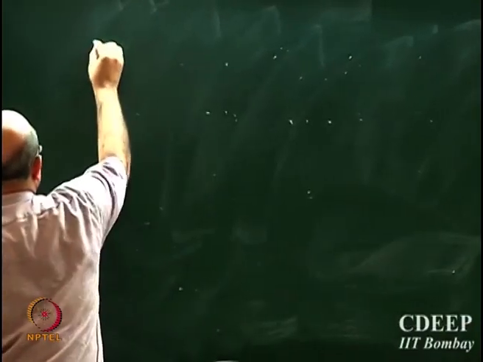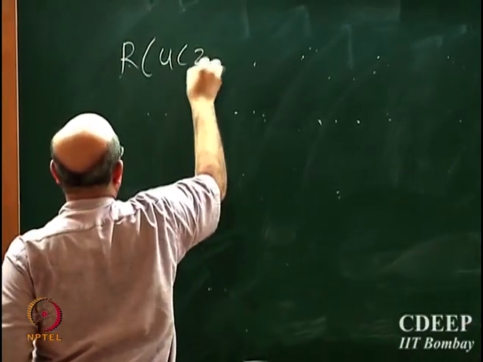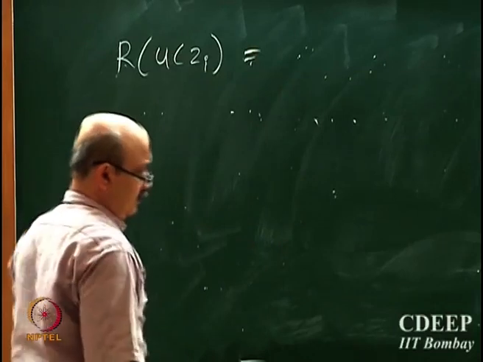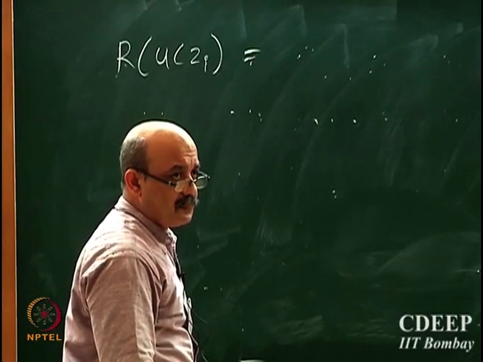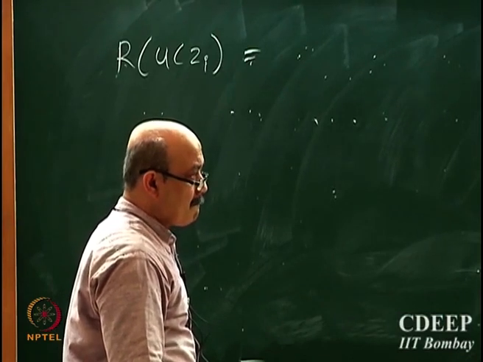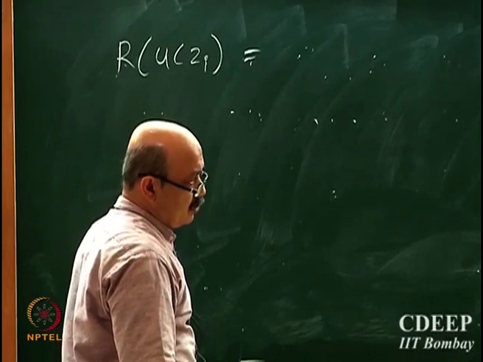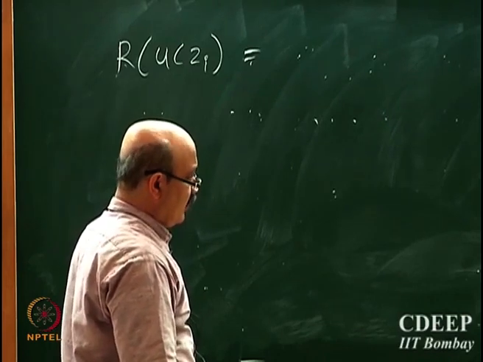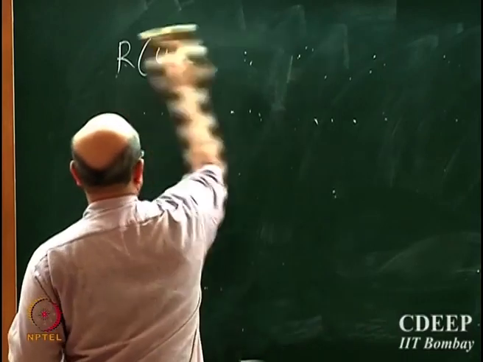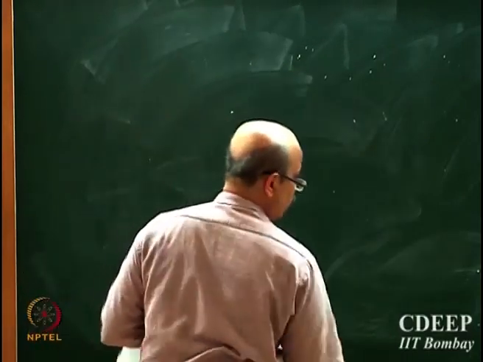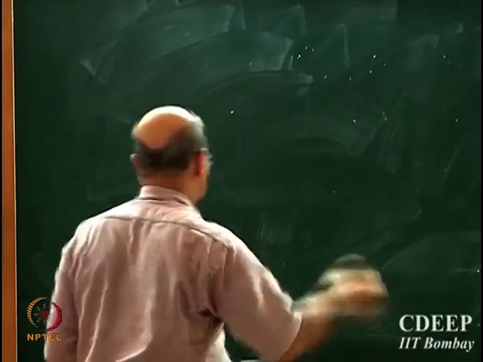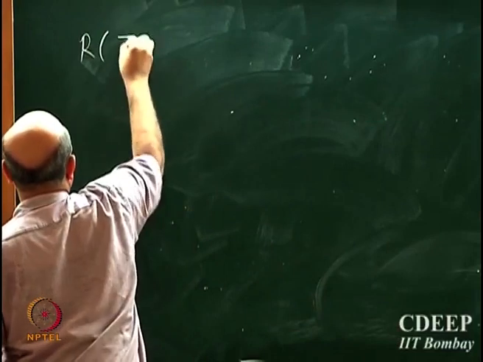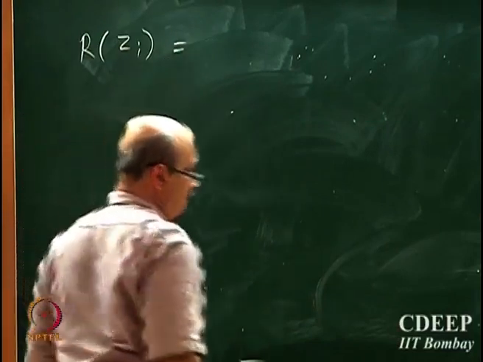Now what is R(zi)? Well, you will have to substitute one by one each. That is not the way to go about it. So we want R(zi). What is R(zi)?